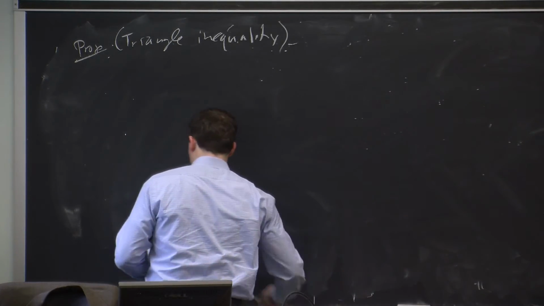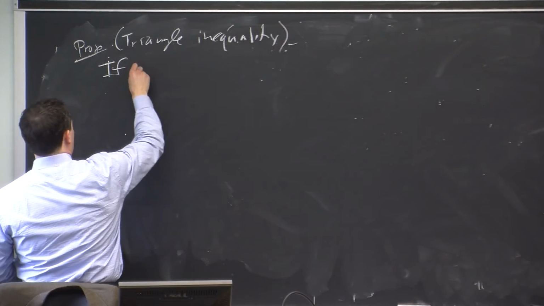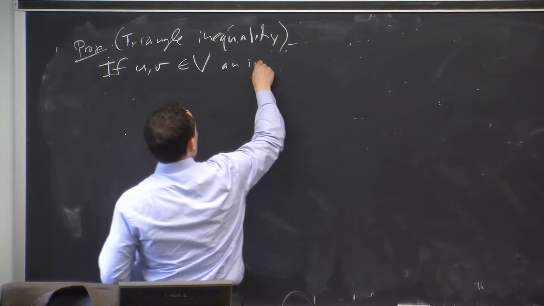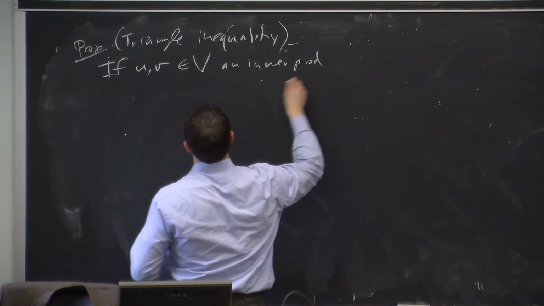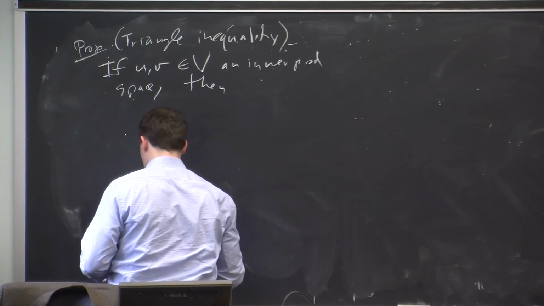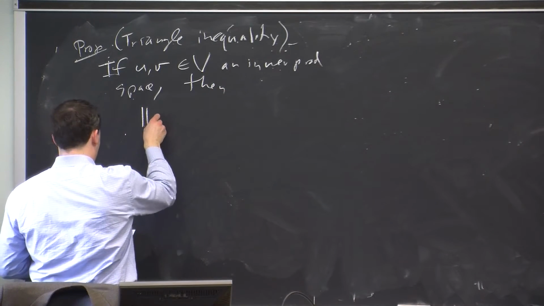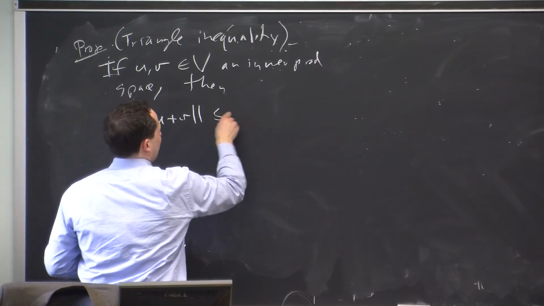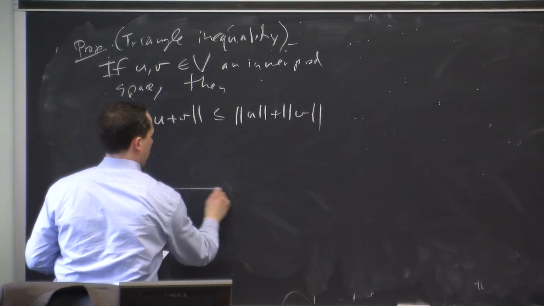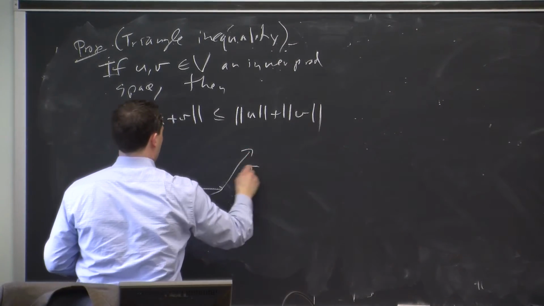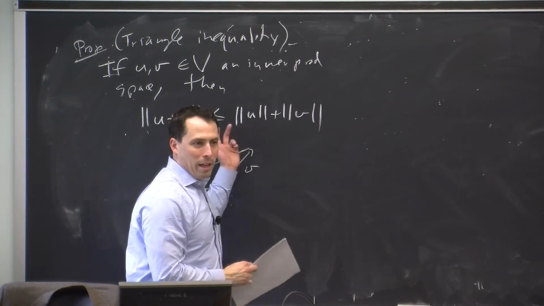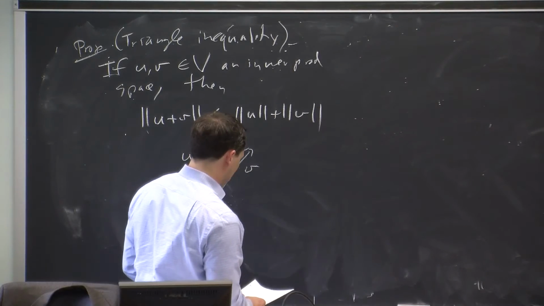The triangle inequality says that if I have two vectors u and v in V, which is an inner product space, then the length of u plus v is less than or equal to the length of u plus the length of v. So the picture is here's u, here's v, here's u plus v.